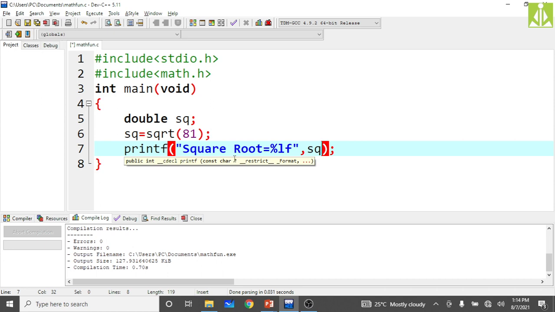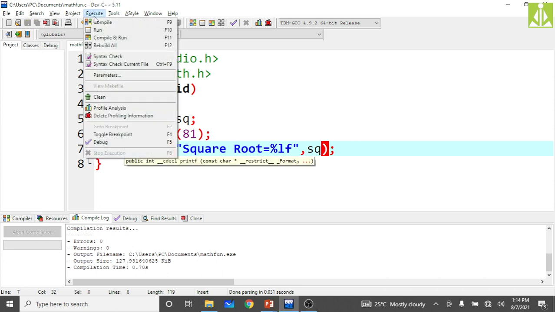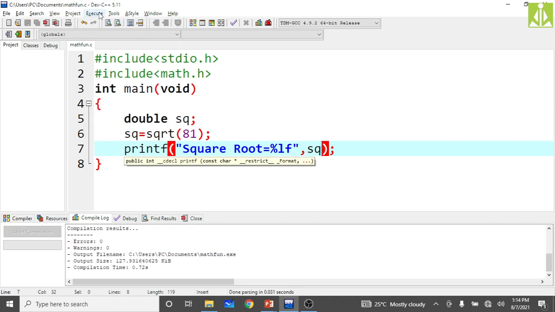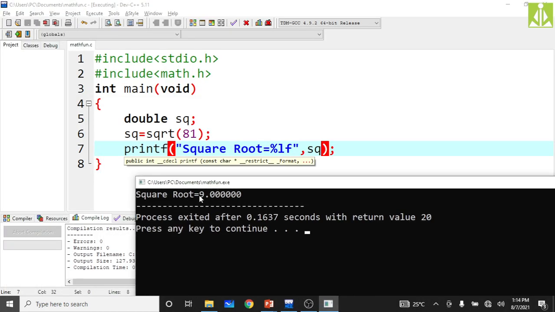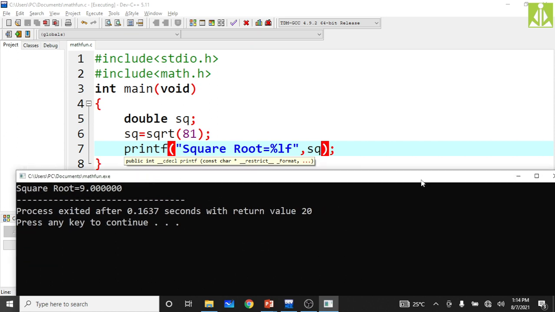Save the program, compile it, compilation successful as you can see, then run the program and you get the output: square root equals 9, because we supplied 81. Hopefully you understood this.